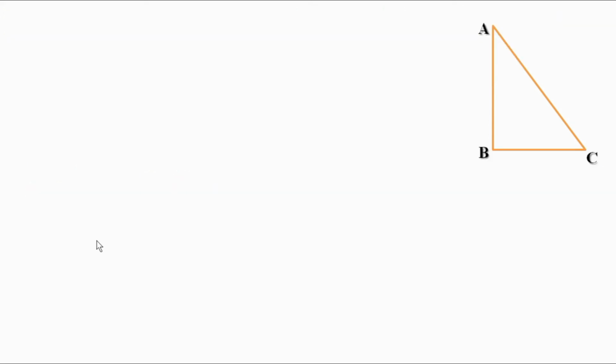Given that as the angle measure increases from 0 to 90 degree, tan value is also increasing from 0. That means tan 0 equals 0. And as the angle increases, tan value also increases.